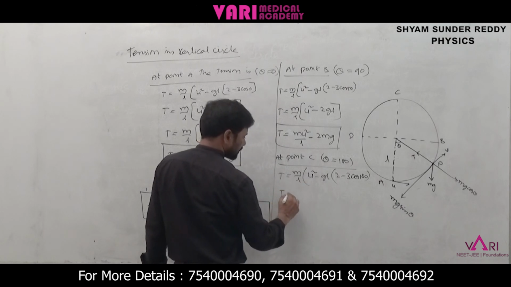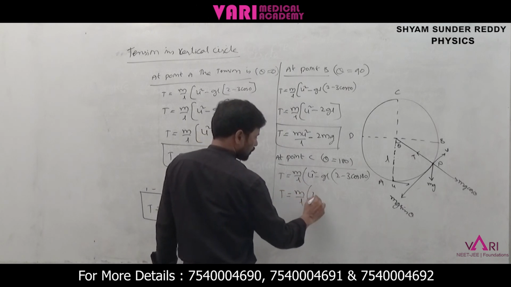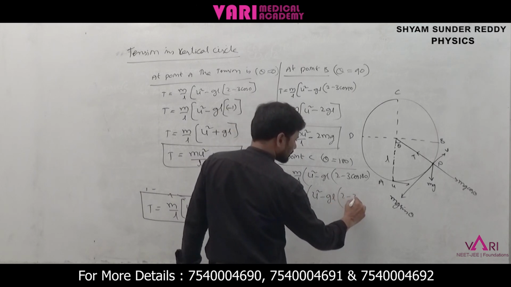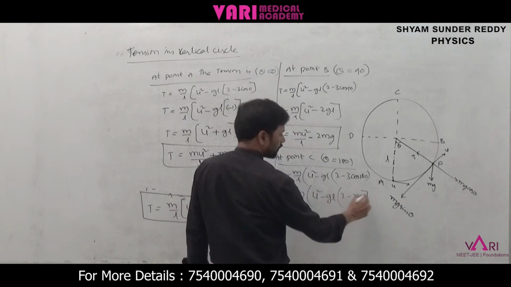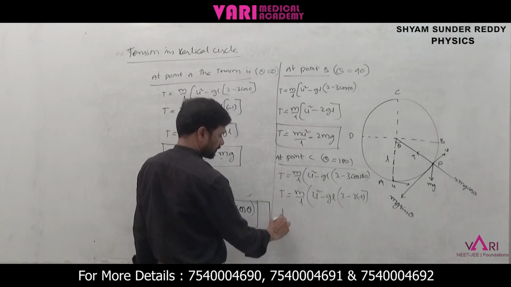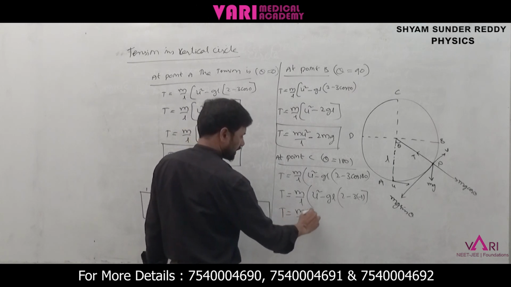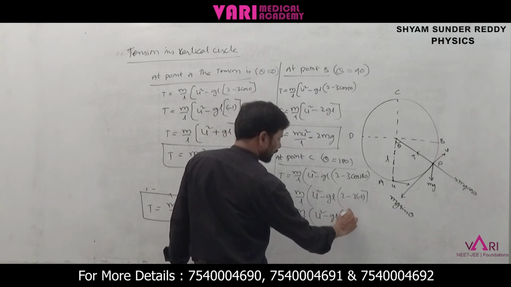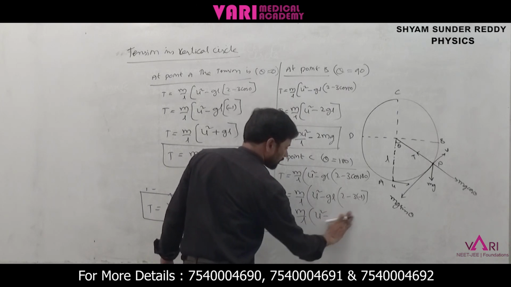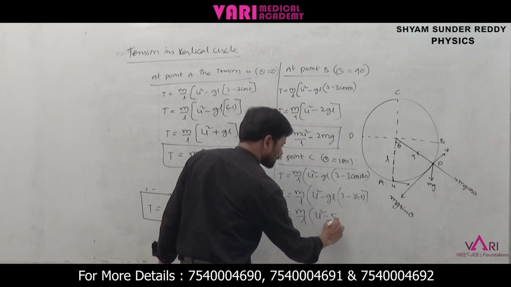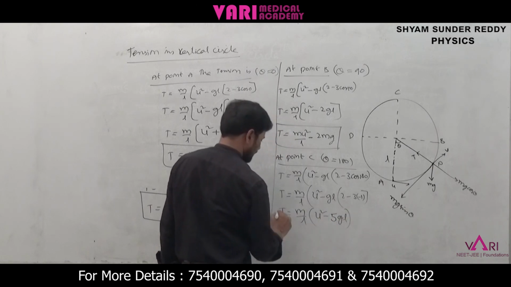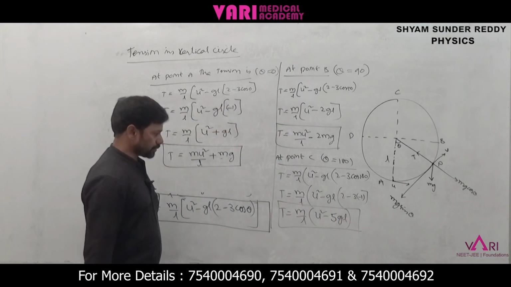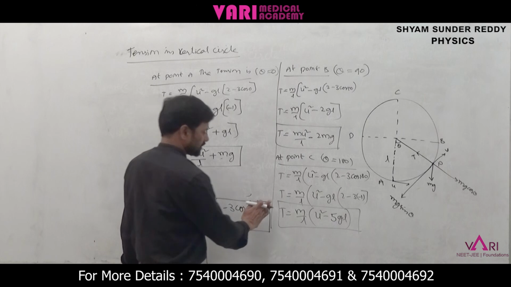So T is equal to m by L into u square minus gl into 2 minus 3 into minus 1. Minus of minus is plus, so it becomes 5. This is minus 5gl. T is equal to m by L into u square minus 5gl.